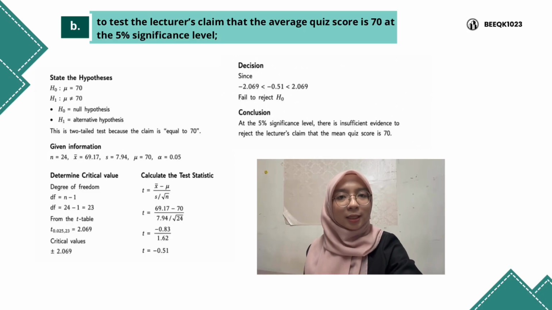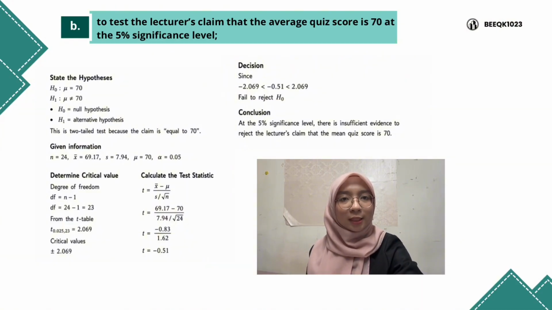Determine the critical value. Because the sample size is less than 30, we use the t-distribution. The degrees of freedom is n minus 1 equals 24 minus 1 equals 23. Using the t-table for a two-tailed test at significance level 0.05, the critical values are plus or minus 2.069.